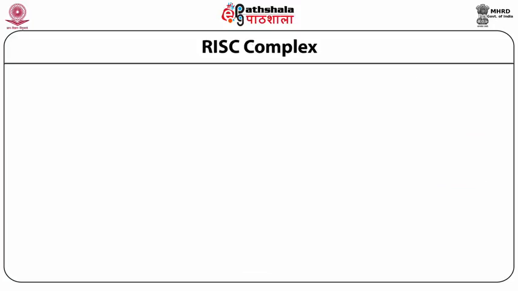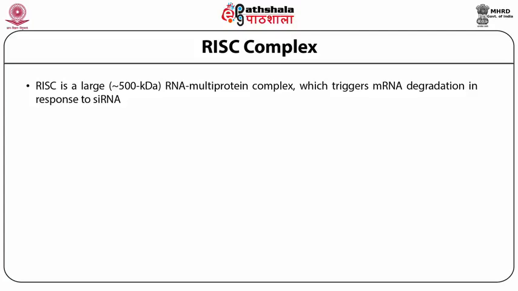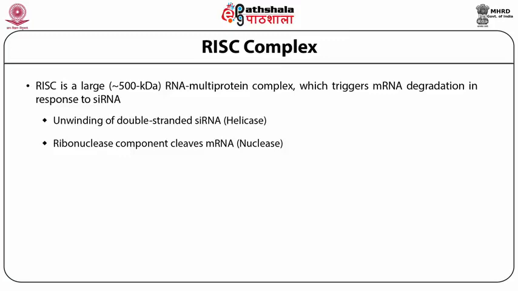RISC complex. This is the RNA-induced silencing complex, which we discussed just before. It's a large, more than 500 kilodalton RNA multi-protein complex, which triggers mRNA degradation in response to double-stranded siRNA. Unwinding of double-stranded siRNA is done by helicase, one of the enzyme activities of the RISC complex, and the ribonuclease component cleaves the mRNA, which is a nuclease activity.